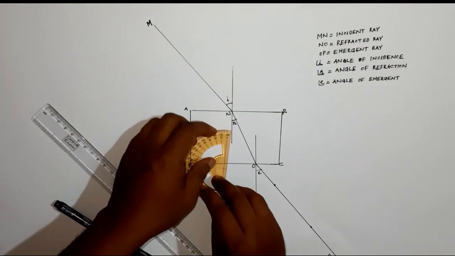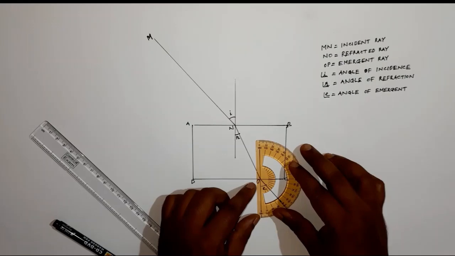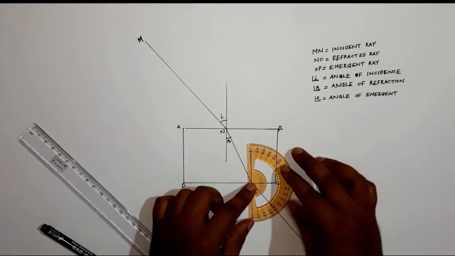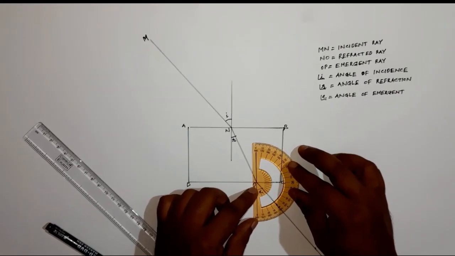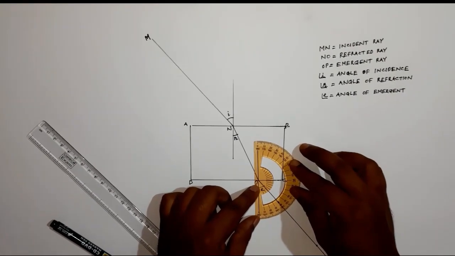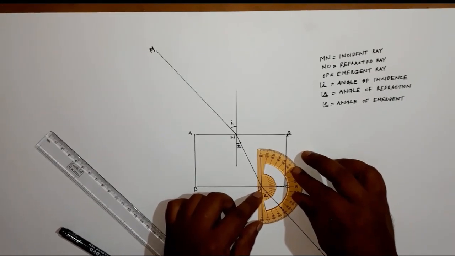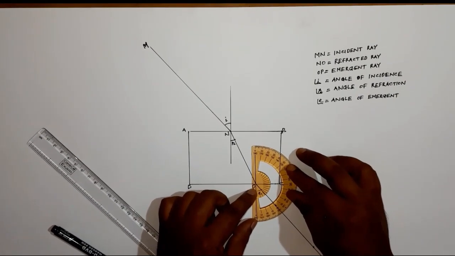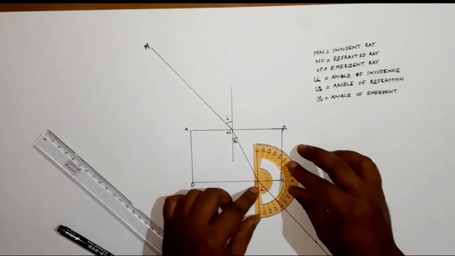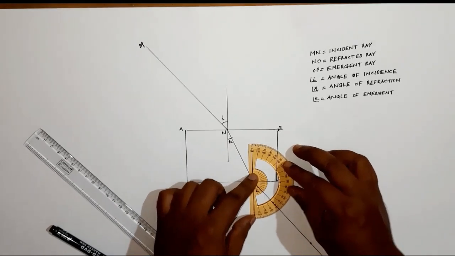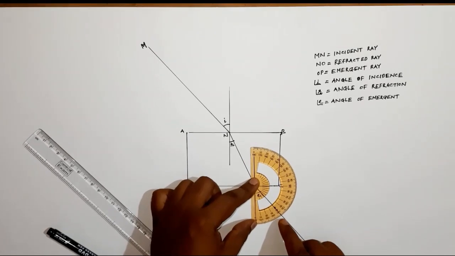Now this angle you measure. How much is this one? Adjust it. Here you see it is coming 41.